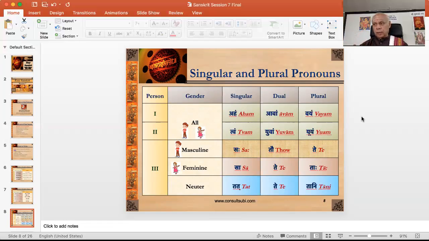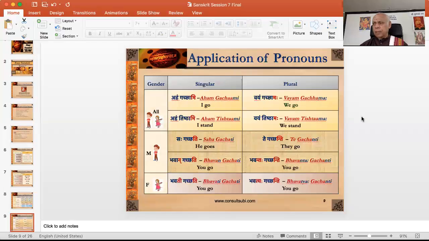And neuter is tat. Saha, sa, tat. Dual form, tau, te, te. Plural in masculine is te, taha, tani. When you start using them, you will find it easy as you go along with this. Okay. Let's go to applications.